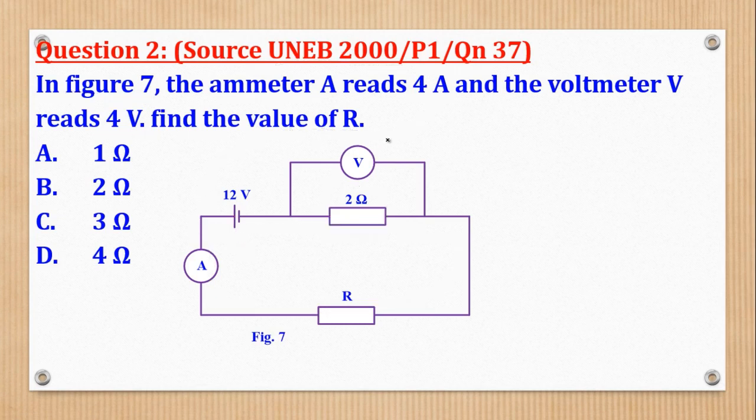Therefore, we know the total current, which is this, and we know the PD across the 2 ohm resistor. But remember what they said, total PD, which is this, is the sum of the individual PDs. So if this one takes 4 volt, it means this one will take 12 minus 4.